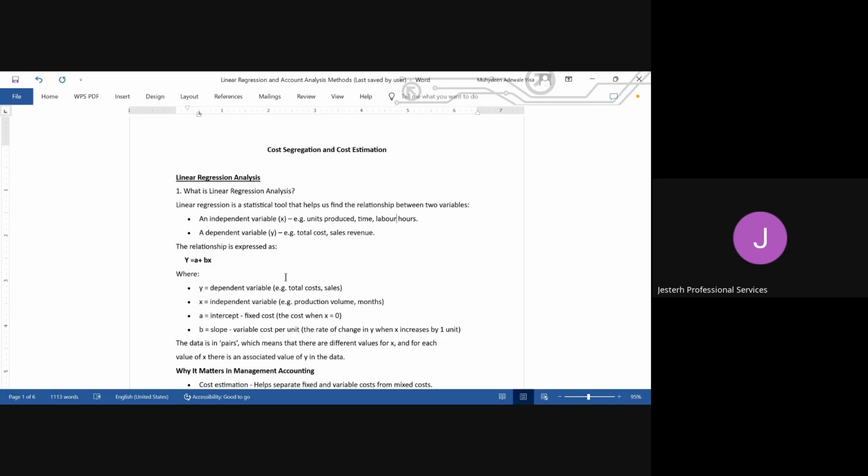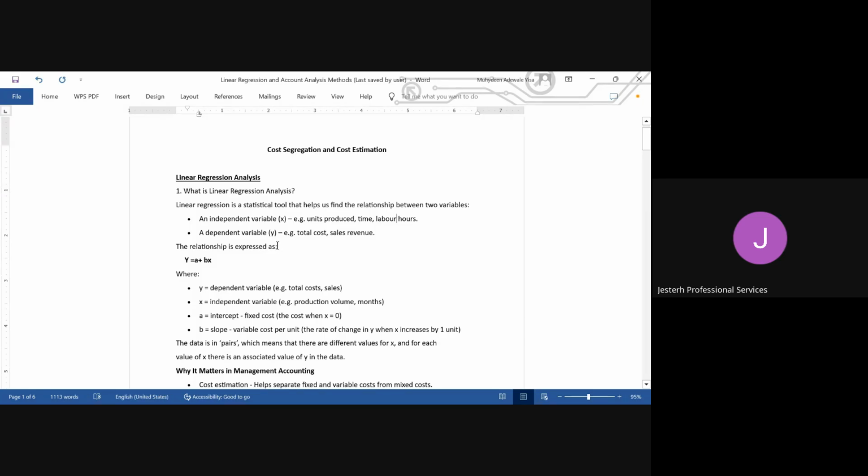Tonight, we will be discussing linear regression, where we'll be able to do one or two exercises in order for us to get a full understanding of linear regression analysis.